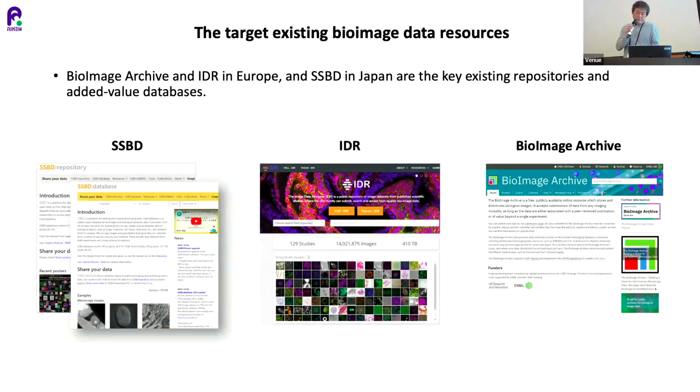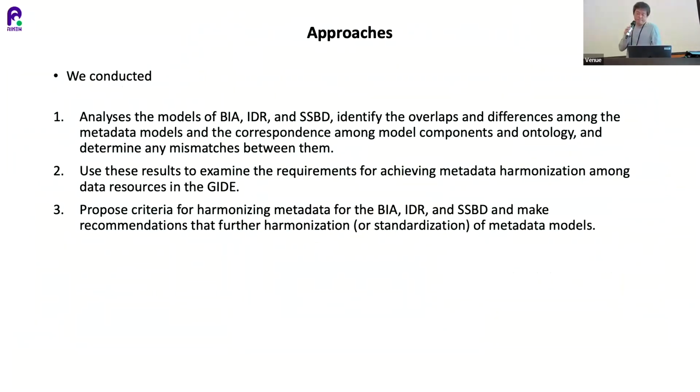Actually, we are looking at these three resources, and we want to analyze beyond these two or three resources. What we are doing right now is analyzing the models of those three repositories and identifying the overlap and differences in the metadata models.